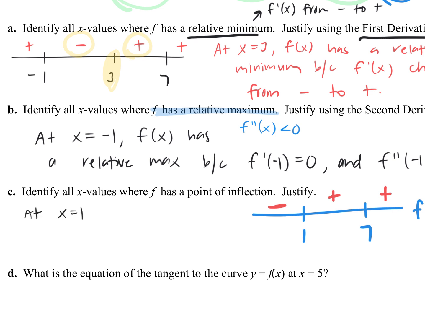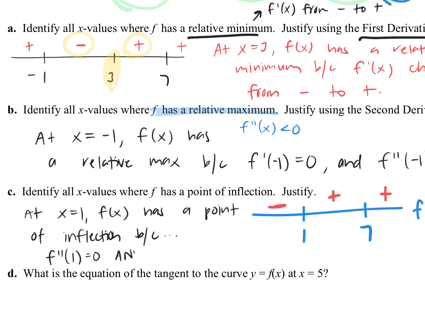At x equals 1, f of x has a point of inflection because our second derivative at 1 is equal to 0, and our second derivative of x changes signs at 1.